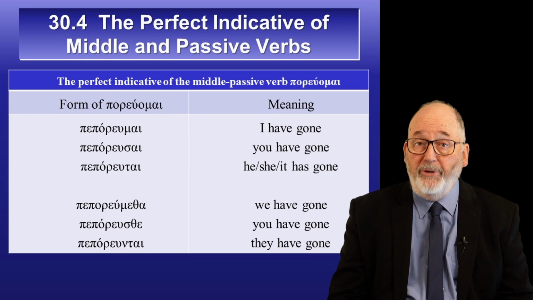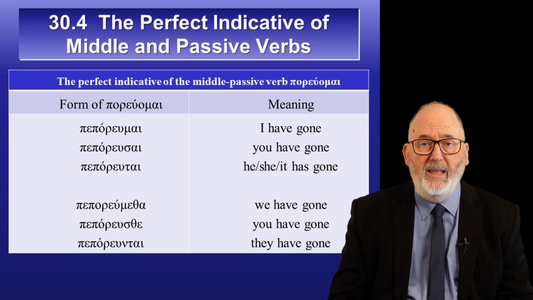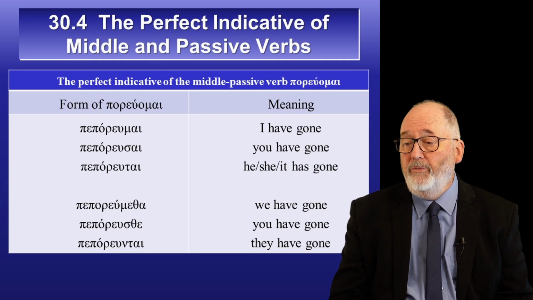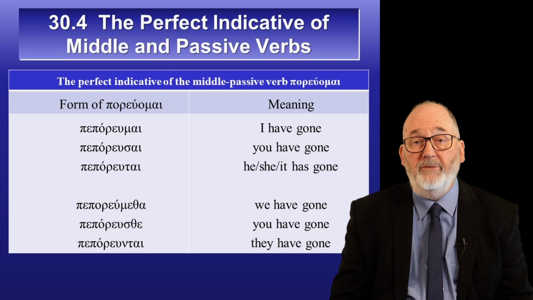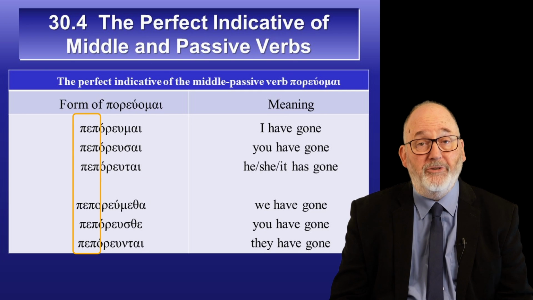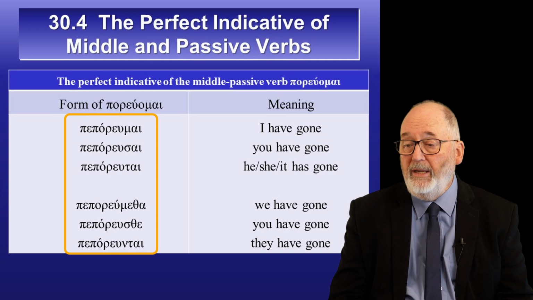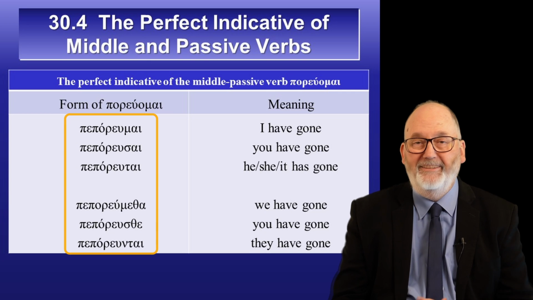Now, the forms of the perfect for the middle and passive voices are the same. And I have taken as my sample word here, paruomai. And from this paradigm, you can see the endings of the perfect are mai, sai, tai. And there's a reduplication at the front. So the result is peparumai, peparusai, peparutai, peparumetha, peparusthe, peparuntai.